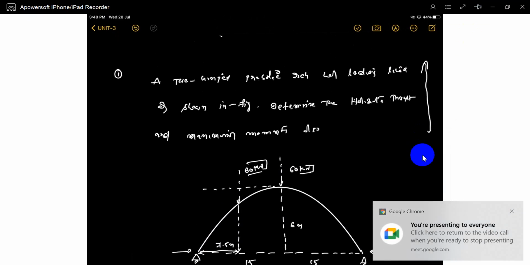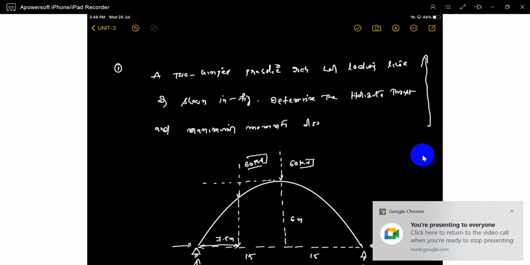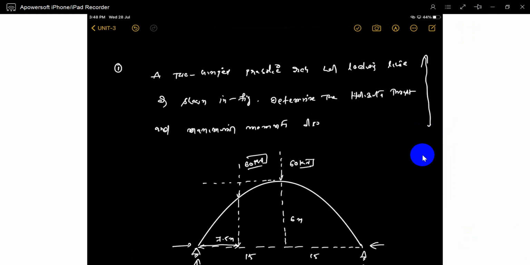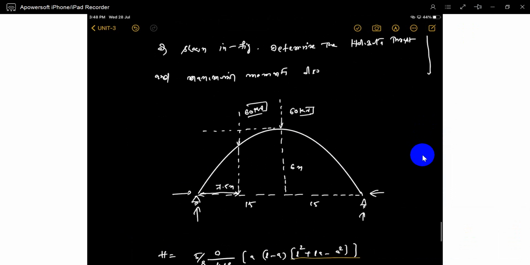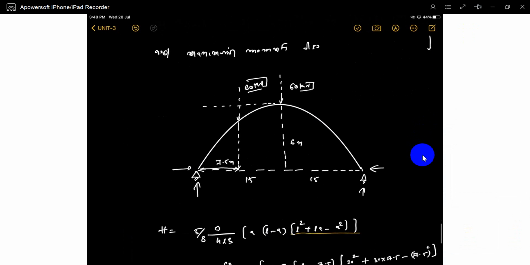So see, a two-hinged parabolic arch has a loading as shown in the figure. Determine the horizontal thrust and maximum moment also. Okay, two-hinged arch, the loading is like this. It has a span of 30 meters, 15 into 15, and rise is 6 meters.